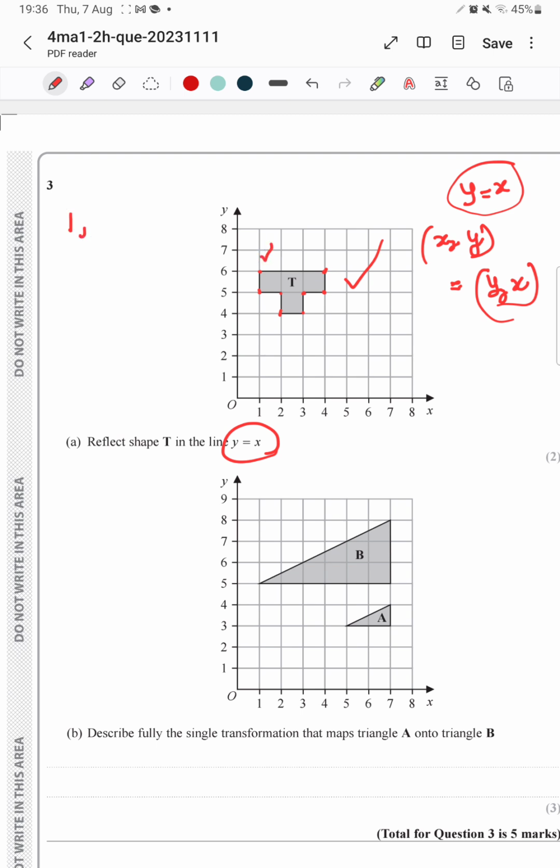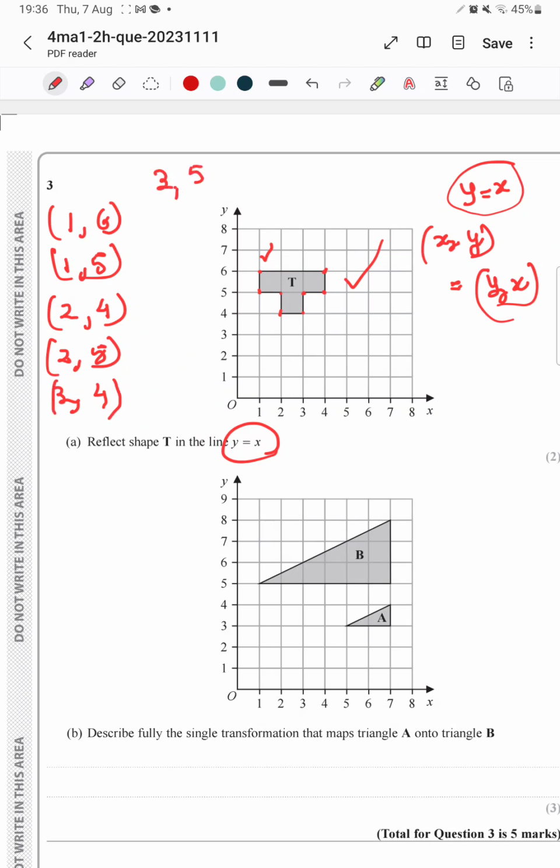So this is (1, 6), then this is (1, 5), then we have (2, 4), then we have (2, 5) as well, then we have (3, 4) and (3, 5), after that we have (4, 5), then we have (4, 6). So we have all these points.